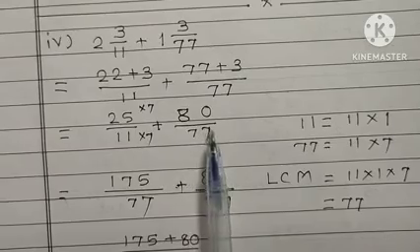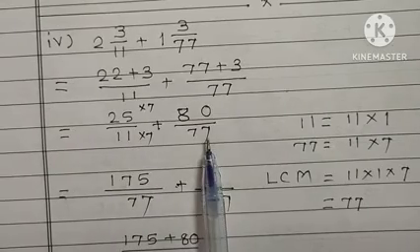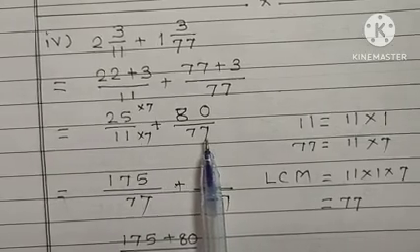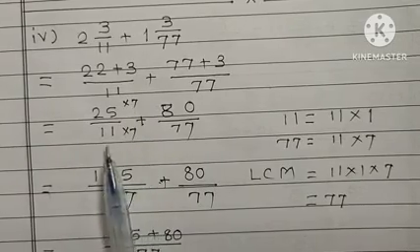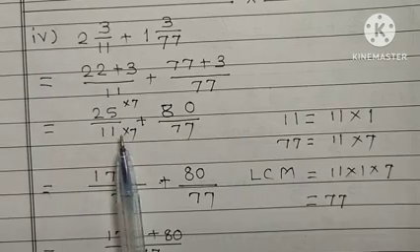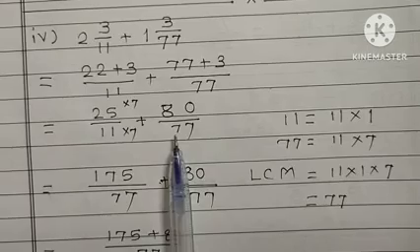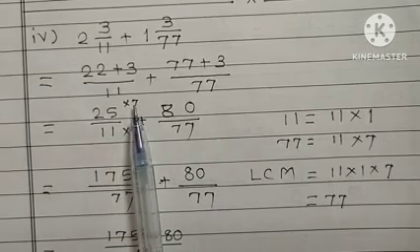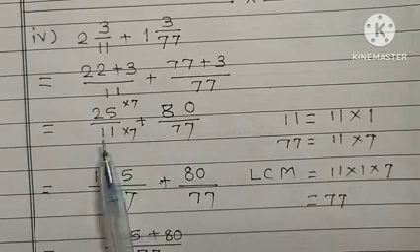This is already 77, and you will get both denominators equal. Therefore, multiply and divide by 7 for this rational number. This will make the denominators equal. Therefore, 25 into 7 is 175 upon 77.